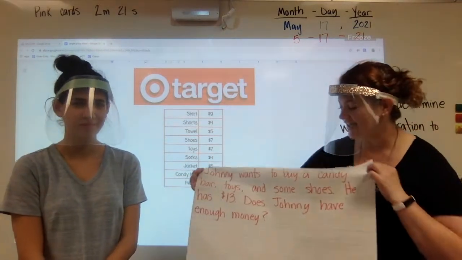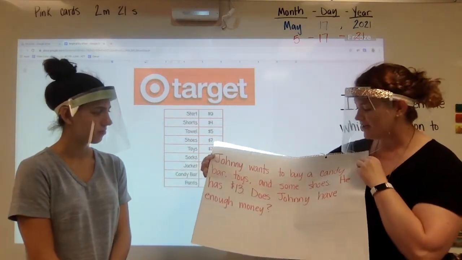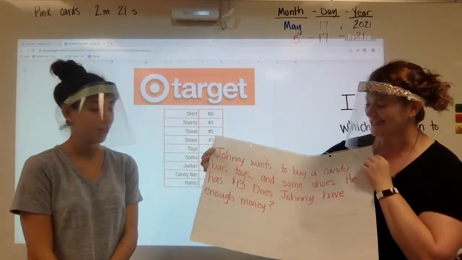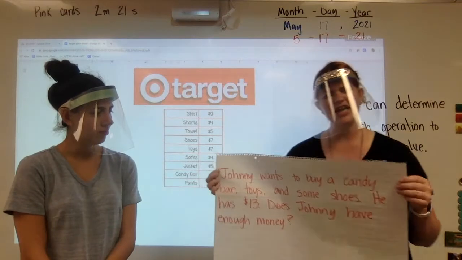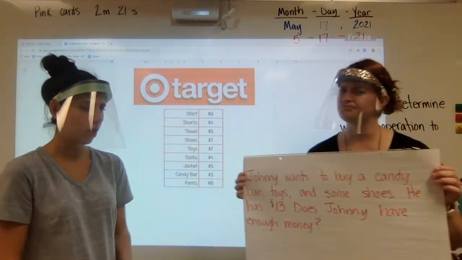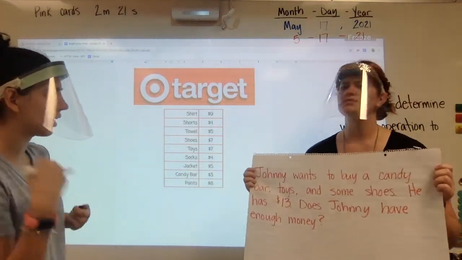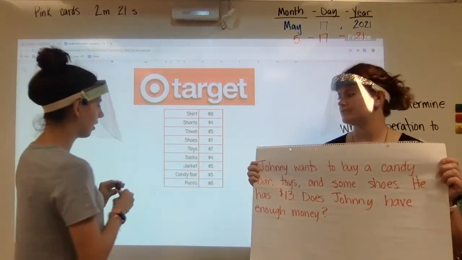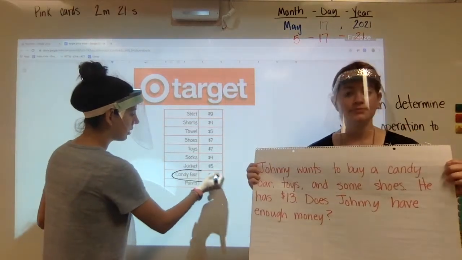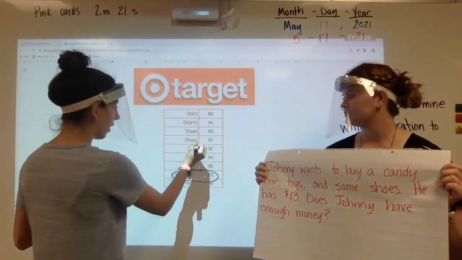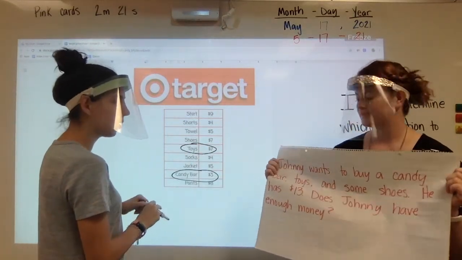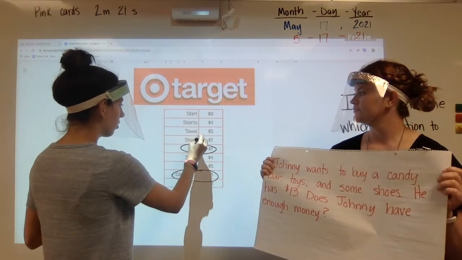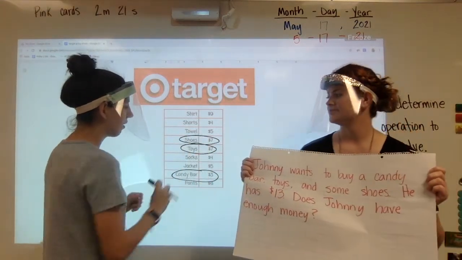Okay, Johnny wants to buy a candy bar, toys, and some shoes. He has $13. Does Johnny have enough money? Okay, well, let's see. I know that he has a candy bar, $3, toys that are $7, and some shoes, which are also $7.